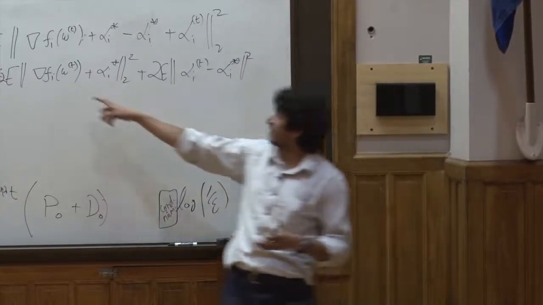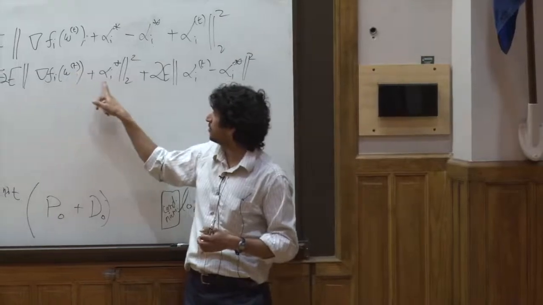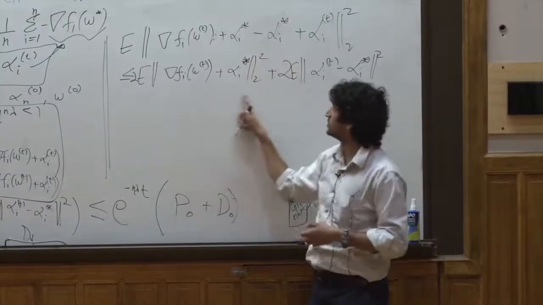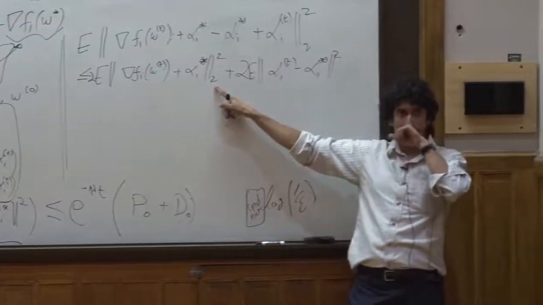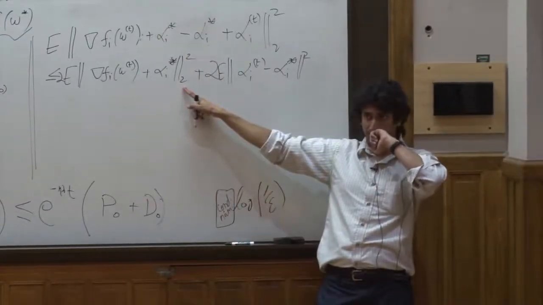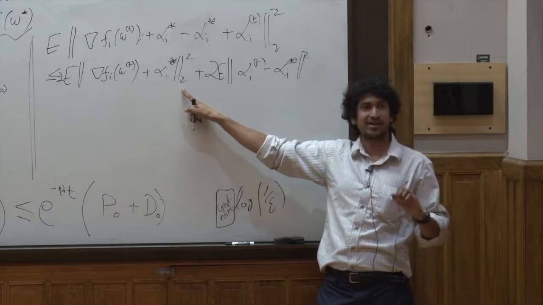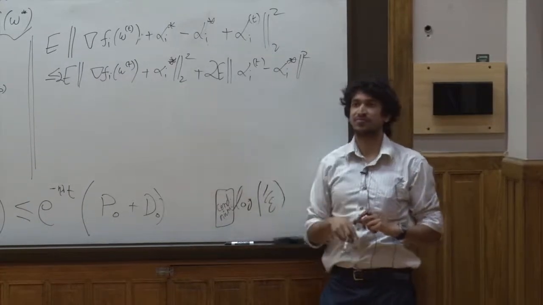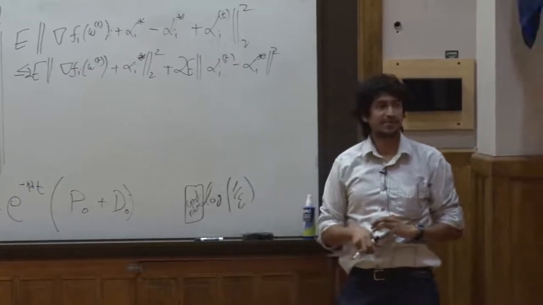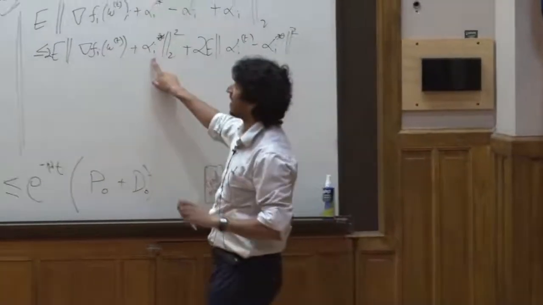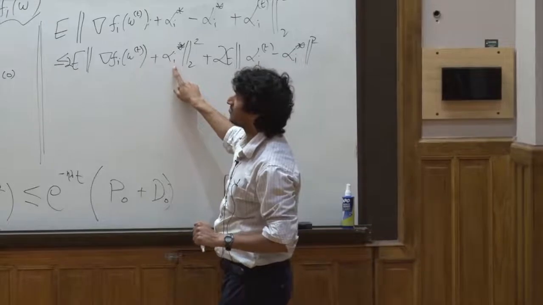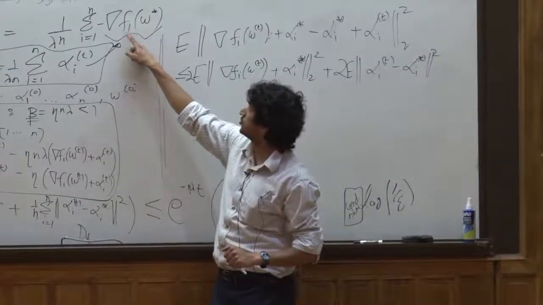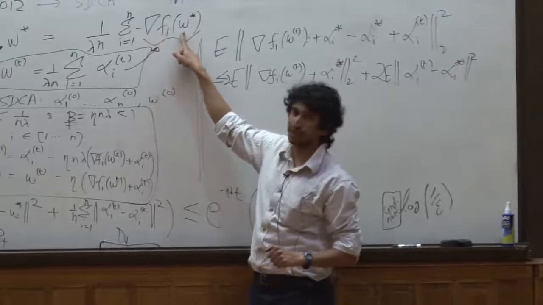So I have the gradient of fi at wt plus alpha I star. Why would this thing be going to 0? You should think about it for 5 seconds and I'll tell you the answer. The answer is that at optimality, remember that I told you that alpha It was going to converge to the negative gradient of fi at w star.